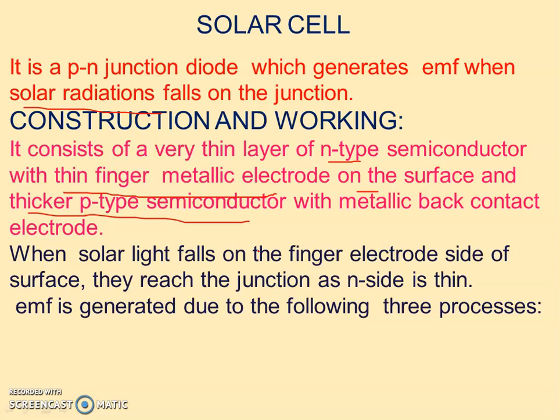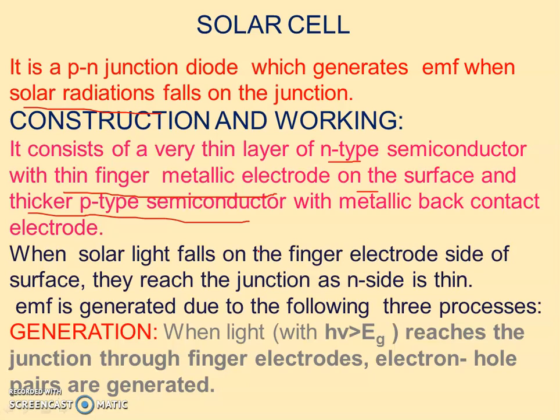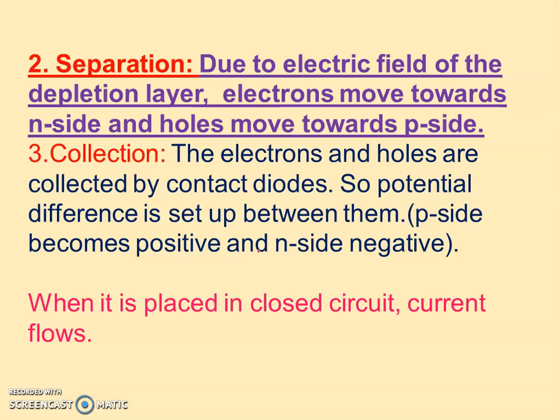EMF is generated due to the following three processes. Number one, generation: when the light reaches the junction, electron hole pairs will be generated at the junction. Number two, separation: due to the electric field of the depletion layer, electrons move towards the N-type and holes move towards the P-type.